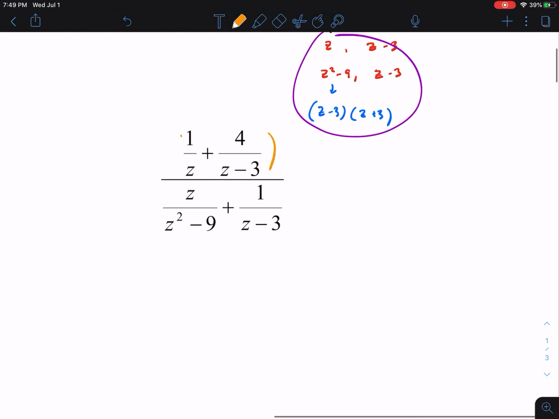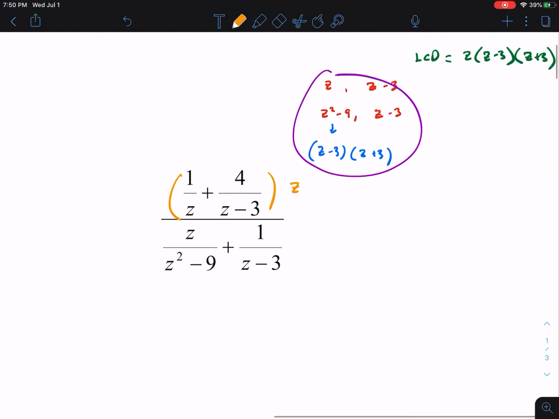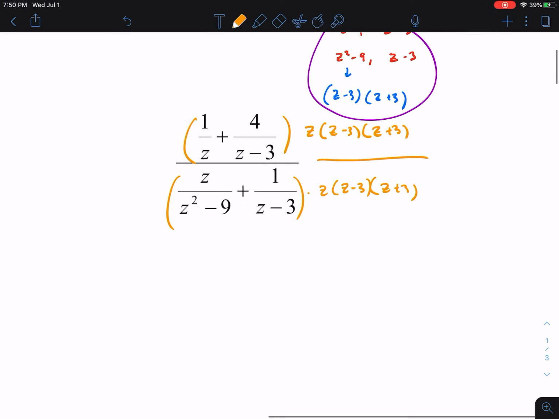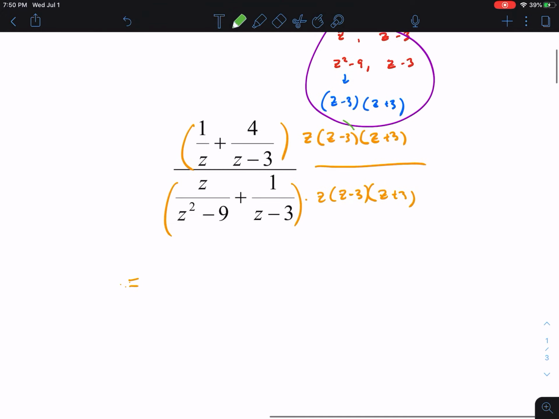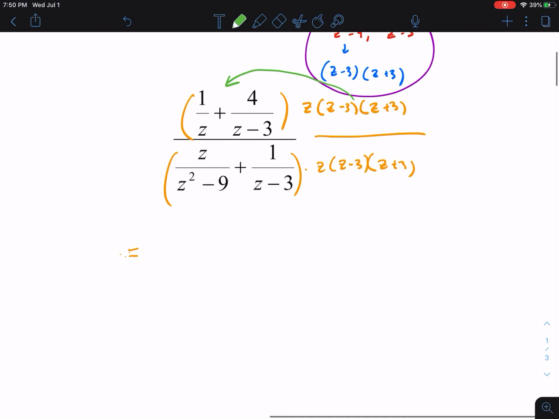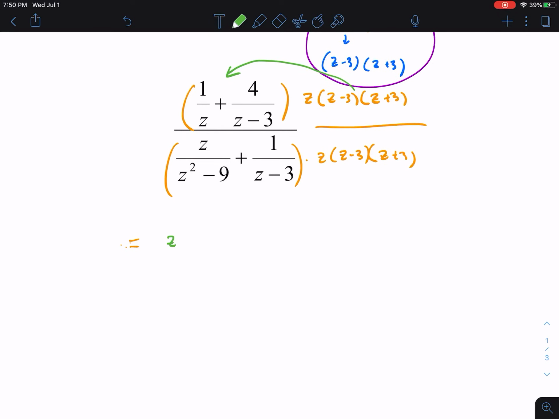So we multiply by the LCD, z times z minus 3 times z plus 3, in both the numerator and denominator. Let's go ahead and do this. The LCD times the first term, the z factor cancels out, so we're left with z minus 3 times z plus 3.